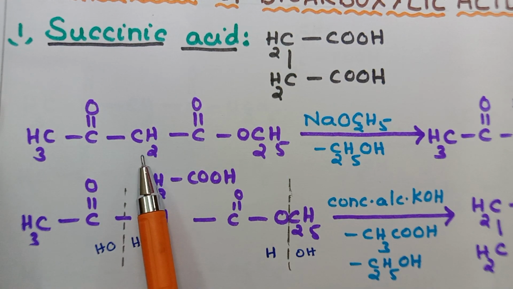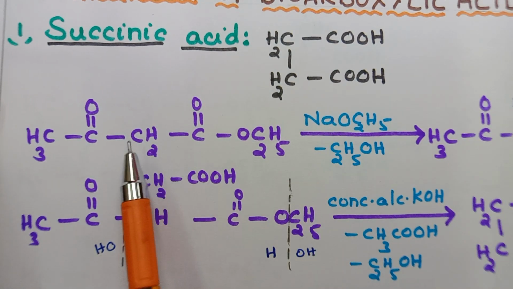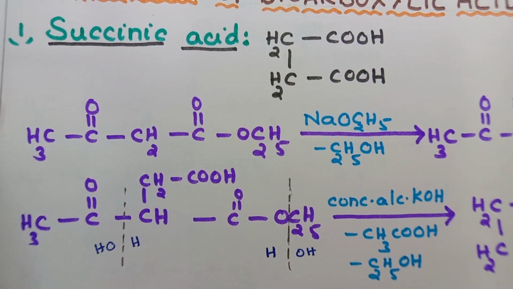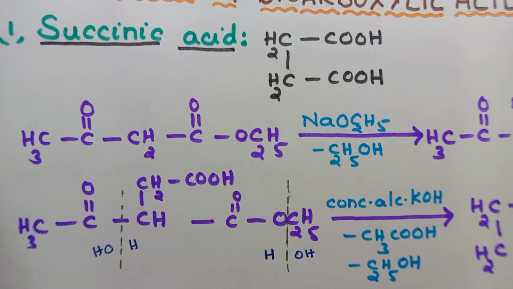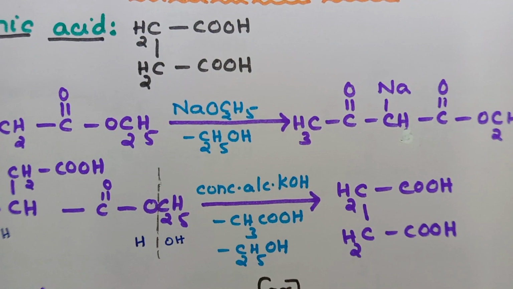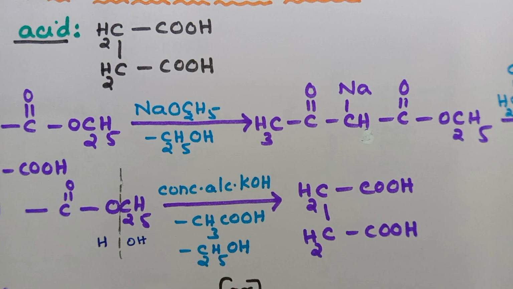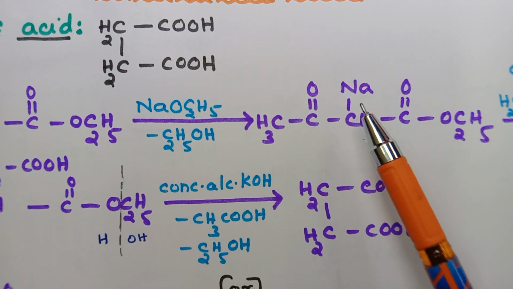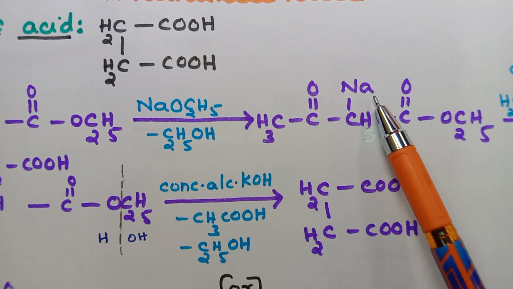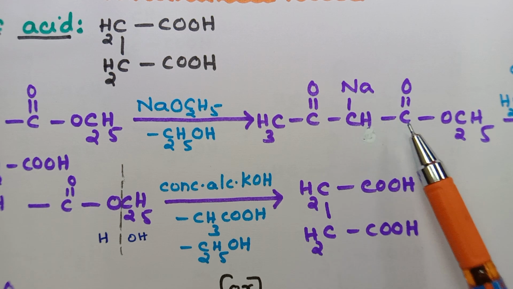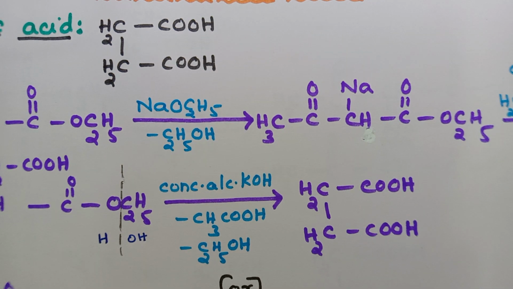In the place of hydrogen, sodium replaces it. So what is the next compound? Look here: CH3, C double bond O, CH, and in the place of hydrogen here comes sodium, then C double bond O, OC2H5.